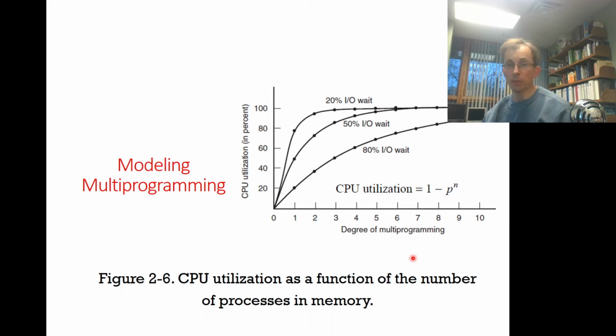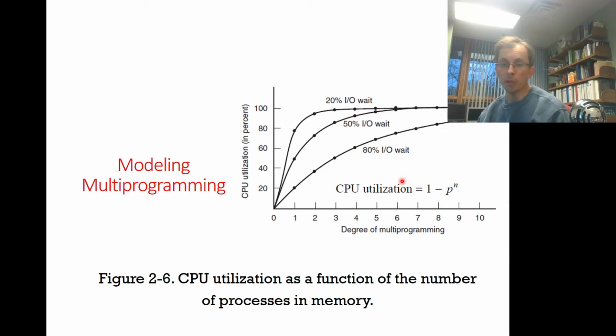That's great, right? And this chart here looks at CPUs from a probabilistic viewpoint, using a binomial distribution. Either a process is running or it's not. And the degree of CPU utilization is 1 minus p, where p is the time spent waiting for I/O, raised to the n, because you have n processes across which to spread this.